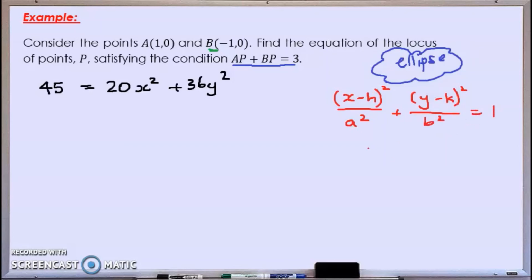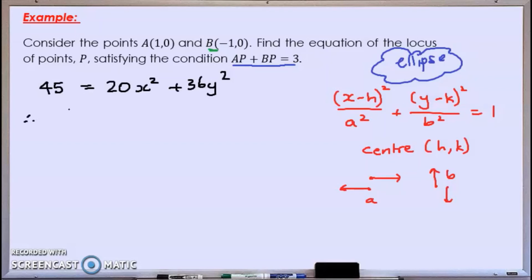Now our h and k are the centre, and our distance from the centre left or from the centre to the right is a, and our distance from the centre up or the centre down is b. So this looks like it's capable of being moved across into this form.